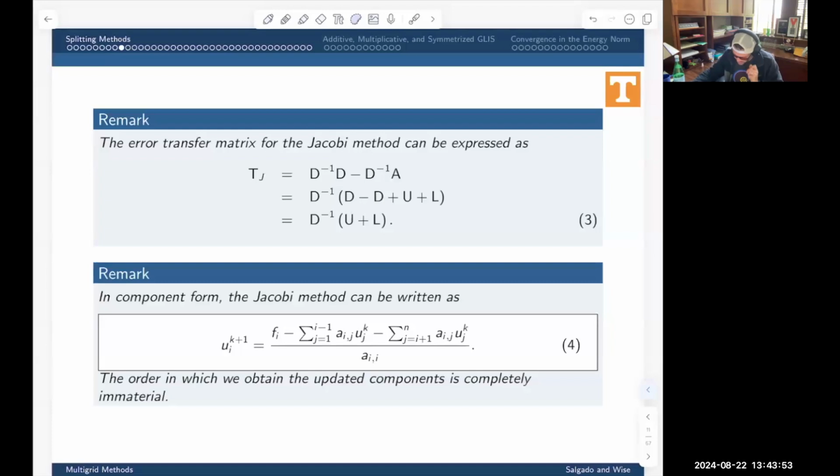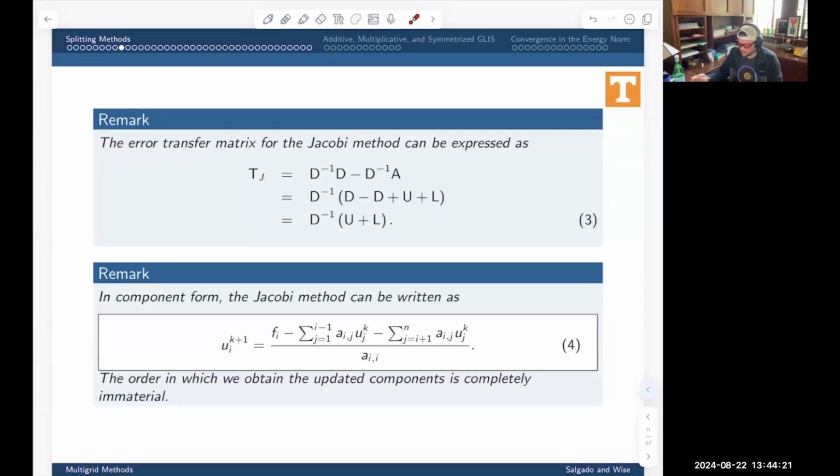But notice what happens in this form. It doesn't matter what order I update the components. It doesn't matter if I do I equals 3 first, or I equals 10 first, or I equals 1 first, or I equals 100 first. There's no real order that's specified or desirous when I'm computing the components of the Jacobi method.